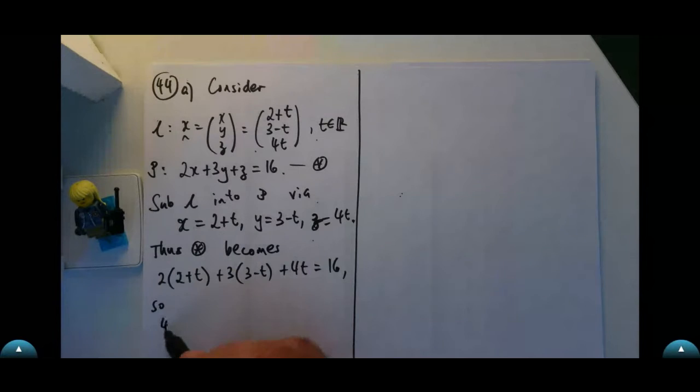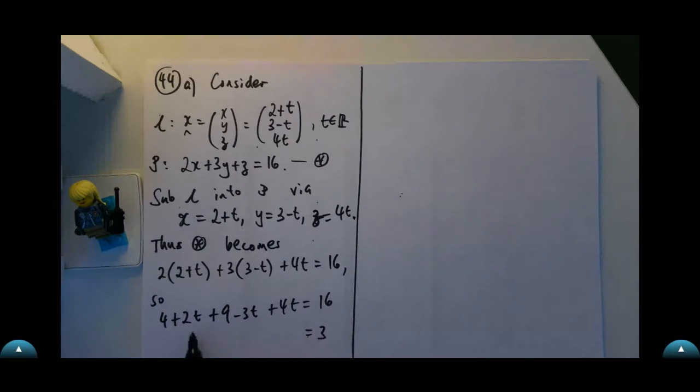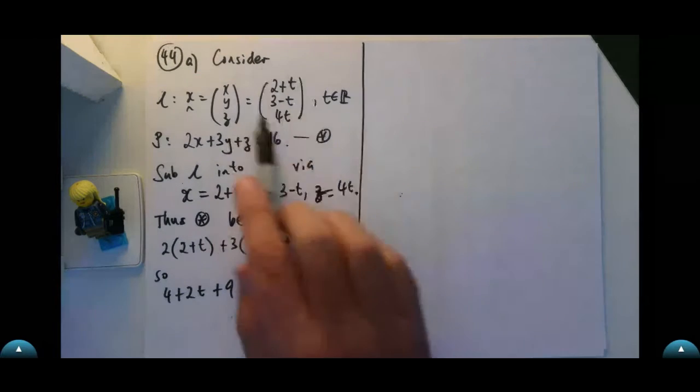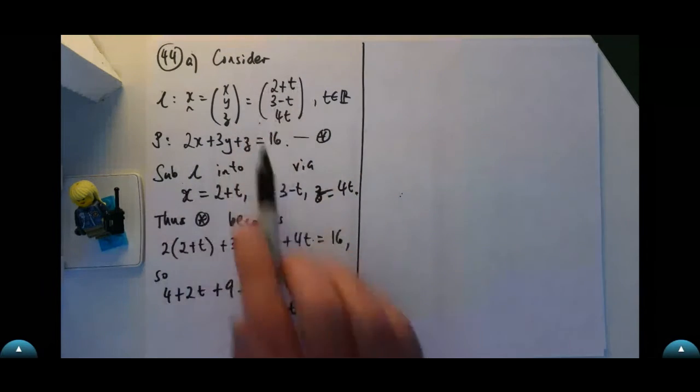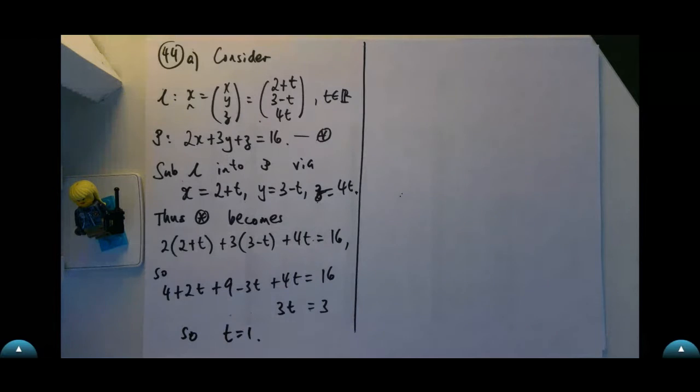So we're going to get 4 plus 2t, 9 minus 3t plus 4t equals 16. So 13, so we're going to get 3 on the right and 3t on the left. So you can see the value of t that makes this and this intersect will be t equals 1.